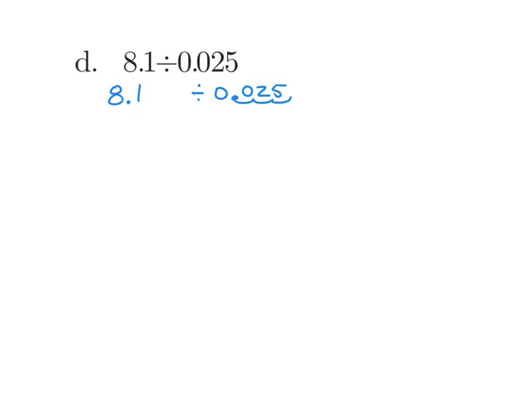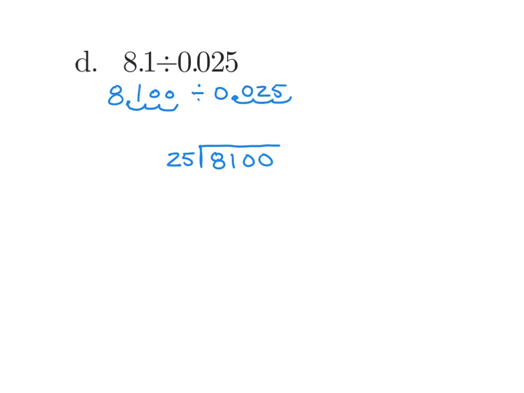Should be a total of 3. So I'm going to do the same thing on my 8.1, and I'm going to add zeros for those extra spaces. So our division problem boils down to 8,100 divided by 25.